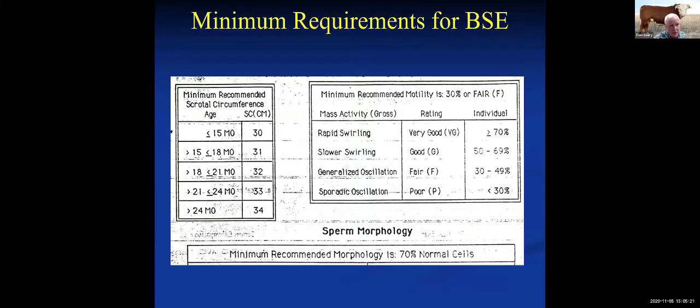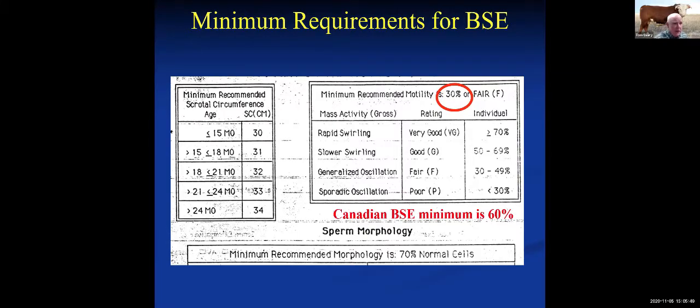A couple other things I want to point out, and then I won't steal any more of Dr. Perry's presentation, is that for the minimum requirements for a breeding soundness exam, the minimum motility is 30%. And I don't know how many of you passed a class when you got a 30% in that class, but it's pretty rare. And so I think that our minimum requirements for a breeding soundness evaluation need to be elevated a little bit.